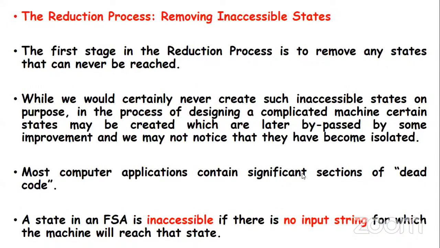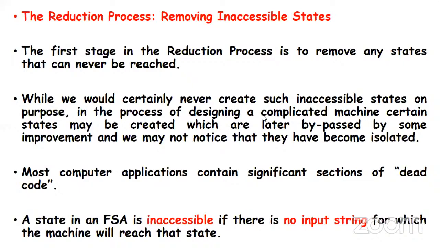So let's quickly look at it. The reduction process starts with removing inaccessible states. The first stage in the reduction process is to remove any states that can never be reached. Of course, we just concluded our thoughts on black hole, right? So removing states that cannot be reached is the first thing in the reduction process. We would certainly not create such inaccessible states on purpose.